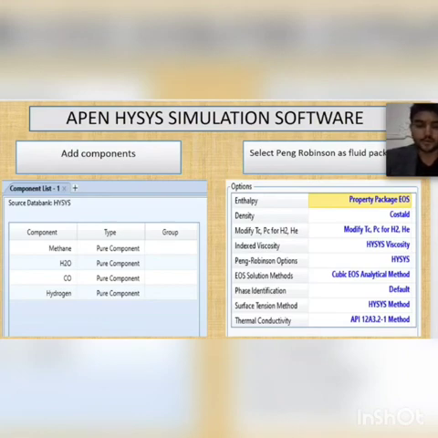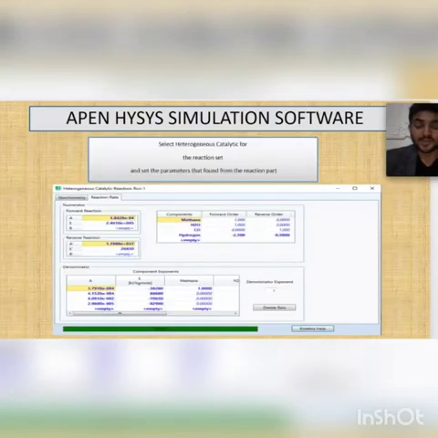And then we go on to the reactions, and then we add the heterogeneous catalytic for the reaction set, and then we put all the parameters that we got from the reaction part. For example, the stoichiometry and the values of A, E, and the K, and then we add all the components there, and then we set all the forward order.